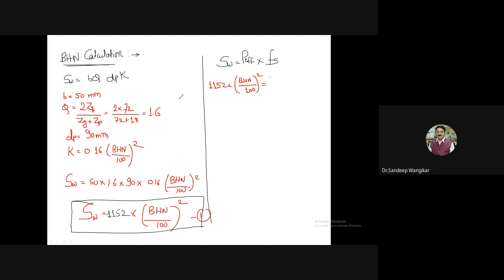You can calculate separately; I am combining the steps. 29.46 into 10 raised to 3 divided by the module, which is 5 mm, into factor of safety. The value of factor of safety is 1.5. So substitute all the values. The only unknown is BHN. You can easily calculate the value of BHN.